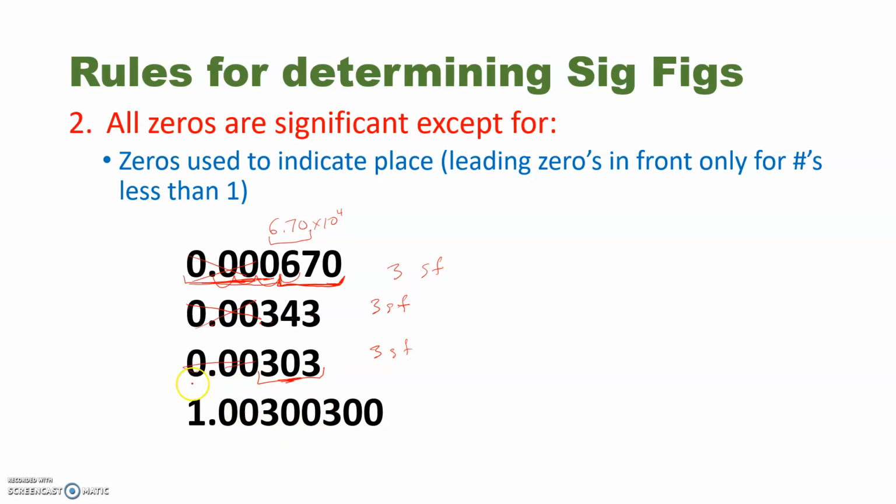But here, the difference between this number and this one is that these are no longer just placeholders because they're sandwiched between these. These zeros are sandwiched, and these are trailing zeros, but there's a decimal, so actually all of them are significant. Sandwiched, sandwiched, trailing with a decimal. So 1, 2, 3, 4, 5, 6, 7, 8, 9 sig figs. So that's a very precise measurement.